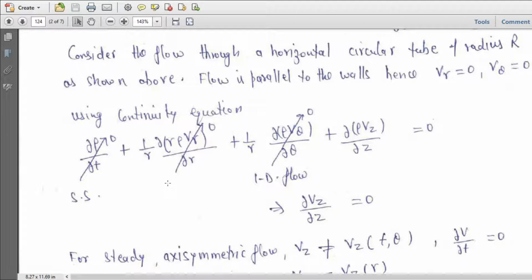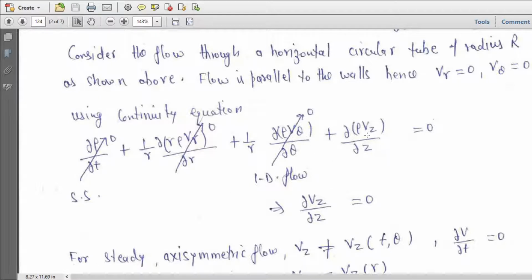Then we are considering flow totally in the z direction only, so the Vr term is 0. Then there is no flow in the theta direction also, so this term V theta is also 0. So flow is parallel to the pipe wall, therefore Vr and V theta are 0.